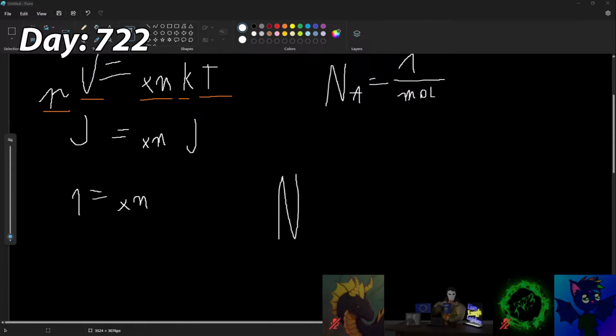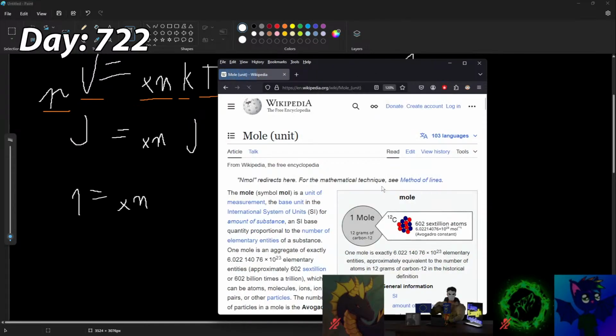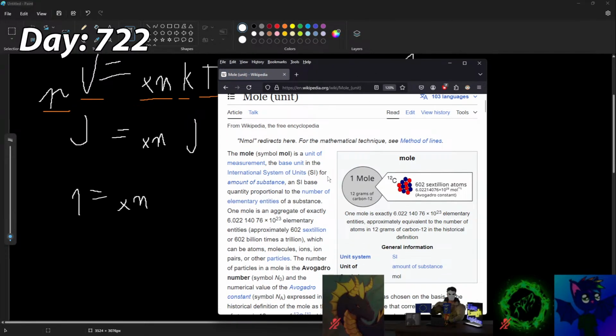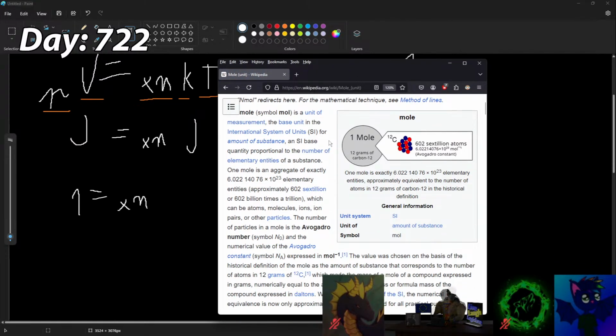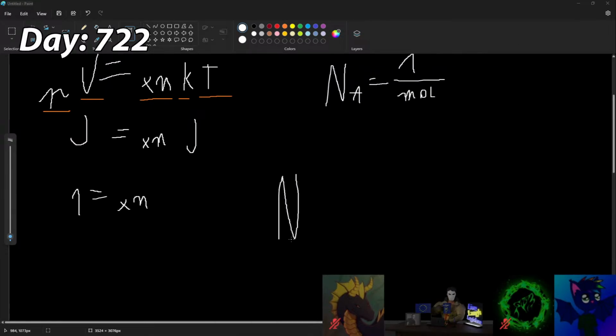It was something like amount of matter or stuff like that. Measurement based on the amount of substance. Yeah. Proportional to the number of elementary entities of a substance. So N tells you the number of elementary entities of a substance, and it is not a mole. N tells you the number of elementary entities of a substance, and it is a mole.